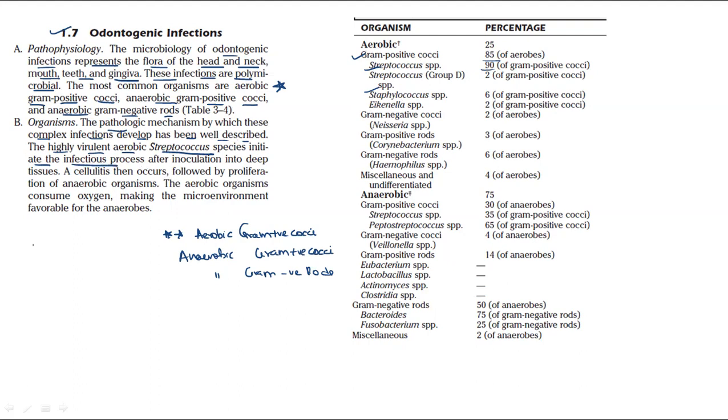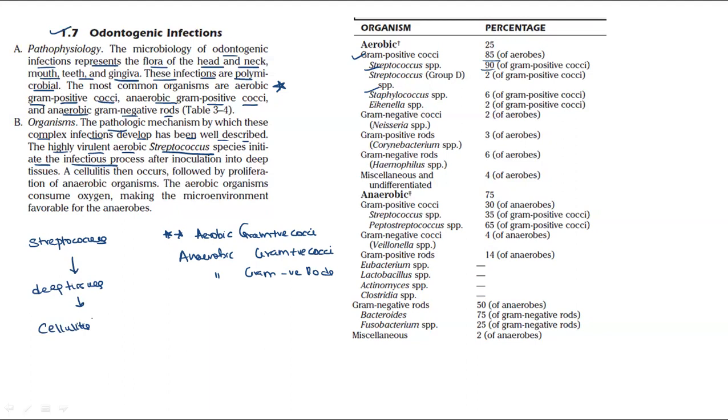It only happens when virulent species inoculate into deeper tissues or there's infection and such things. So what happens when streptococcus goes into deep tissues? It results in cellulitis, followed by proliferation of anaerobic organisms.